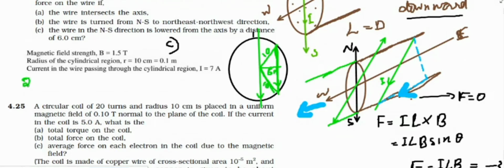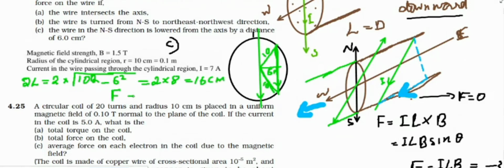Total length will be 2L is equal to 2 into under root 10 square minus 6 square, is equal to 2 into 8, is equal to 16 centimeter. Now for finding force, use the formula again, ILB. L is equal to 16 centimeter. Substitute the values, find the answer.